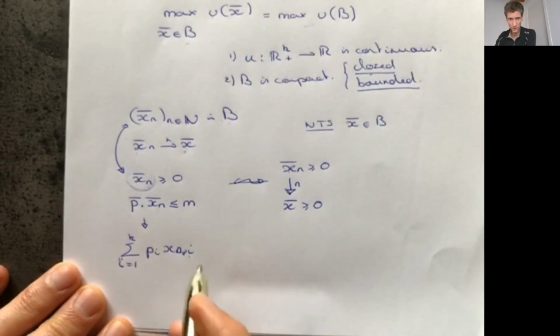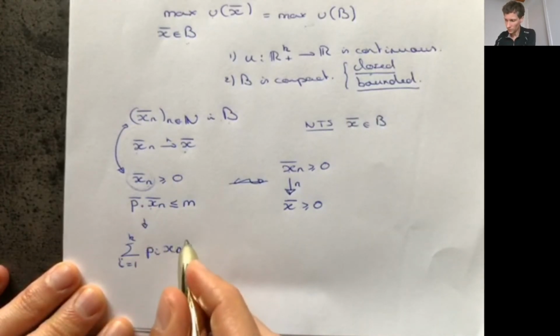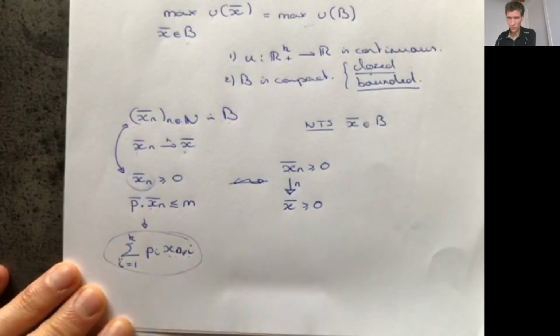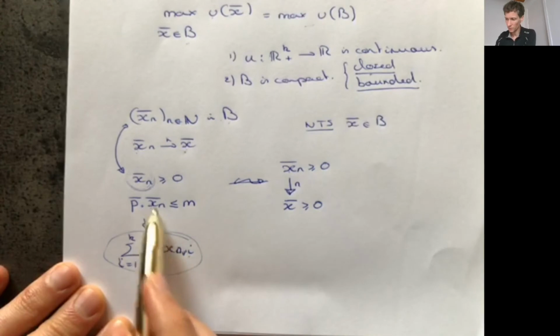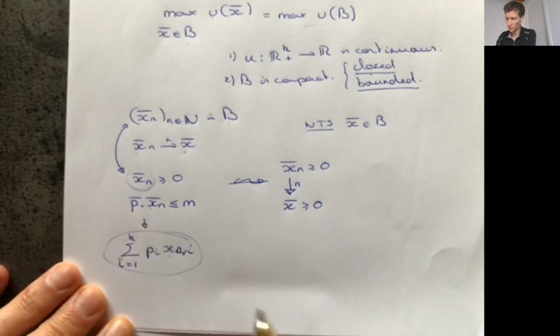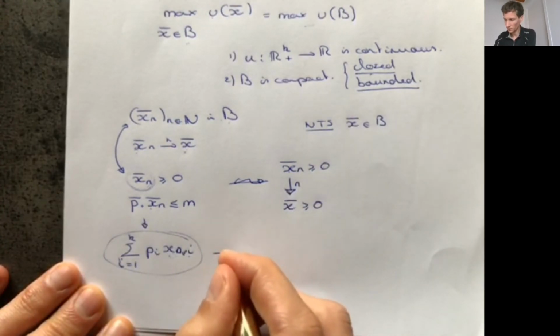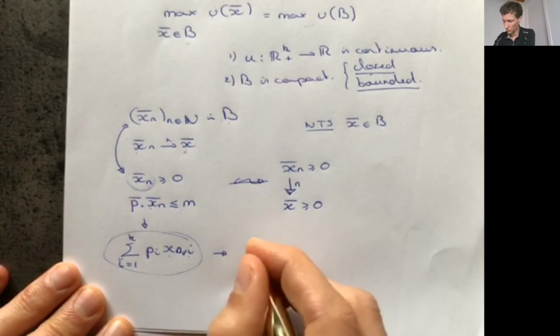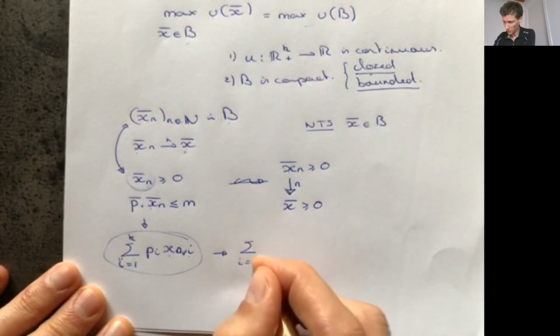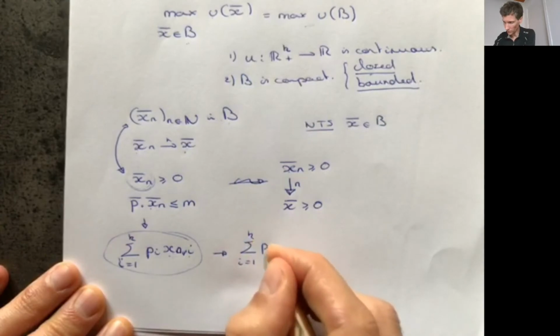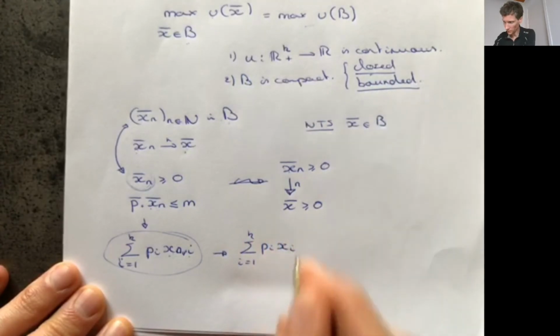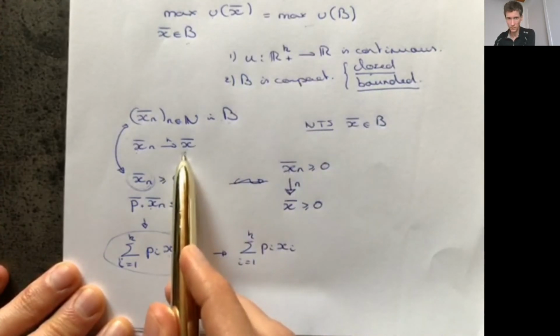This is the ith item in vector x_n. And I hope you see that this is a continuous function of the x. Okay, so if this is a continuous function of the x and the x_n converge to the vector x, then this will converge to the sum from i=1 to k of p_i x_i, where x is here in the limit.